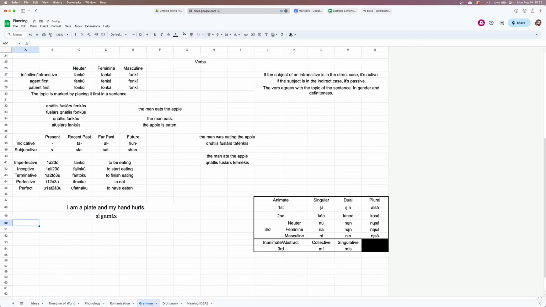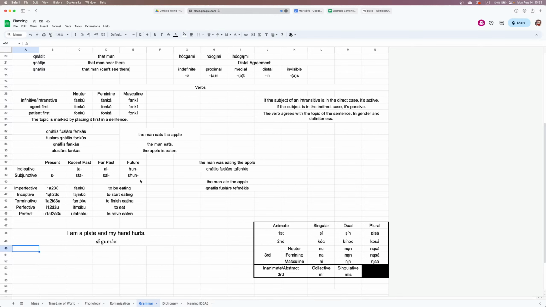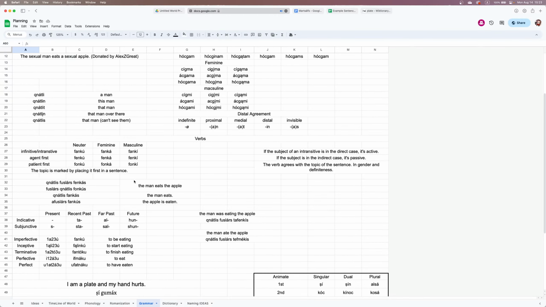Okay, so shikumaks. Now that gets me to the point of having to think about the copula in Martzalf. And I think I am going to do a zero copula, as that can be quite fun to fiddle around with.